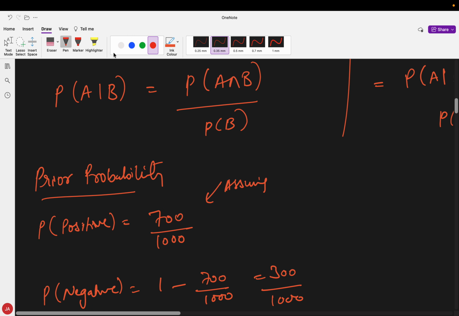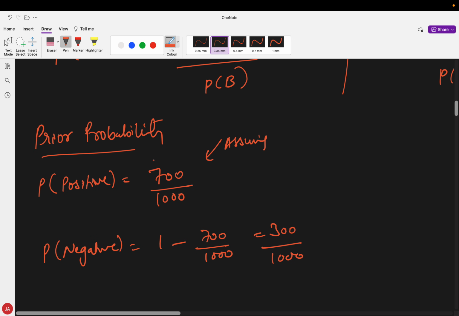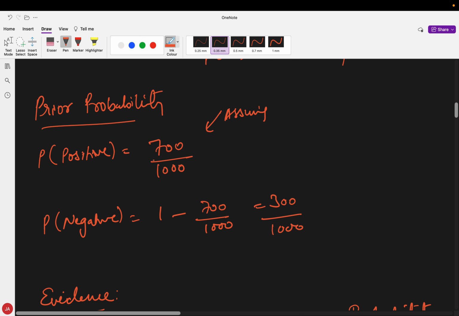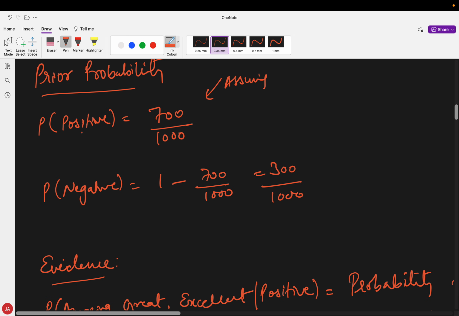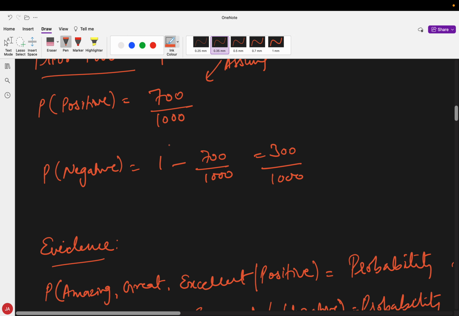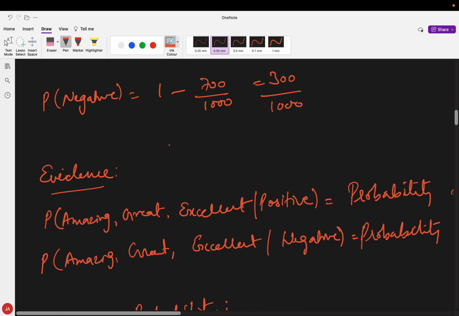Now the prior probability is what we have before the evidence is observed. What is the prior probability? So probability of positive, assuming 70% are positive and 30% are negative reviews.